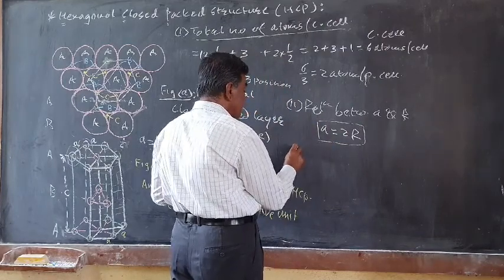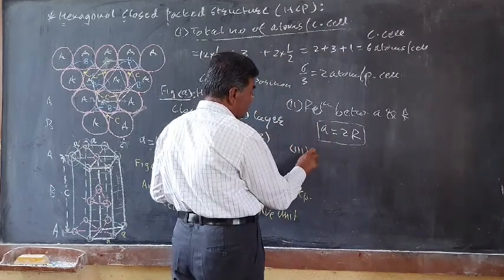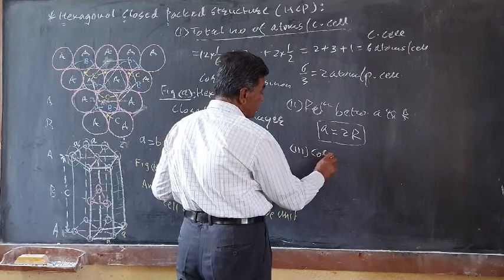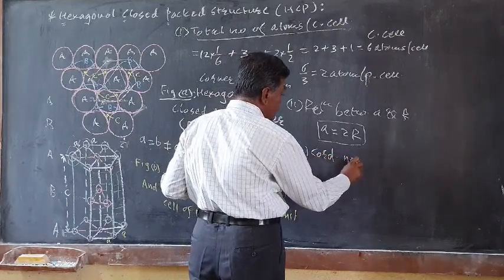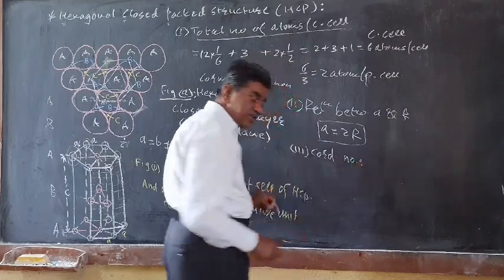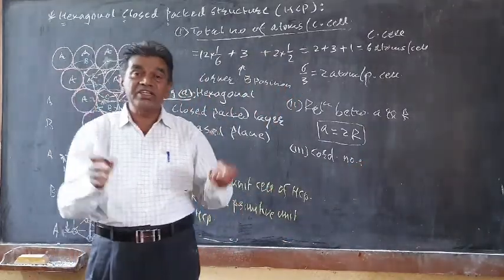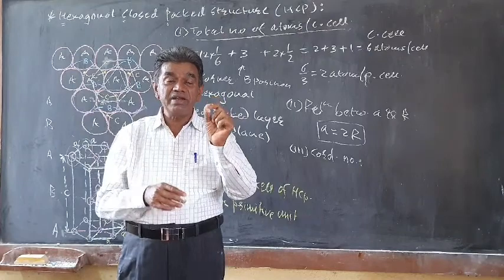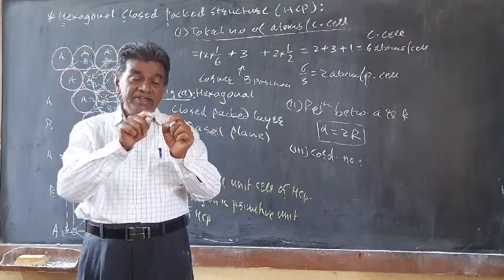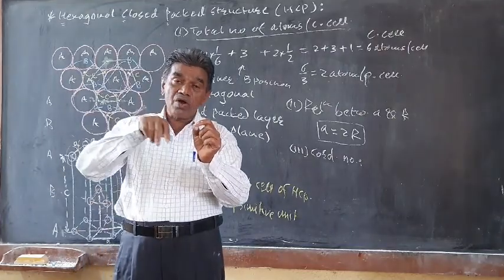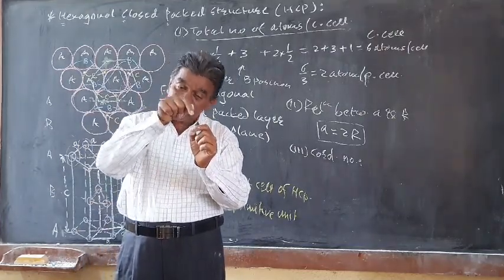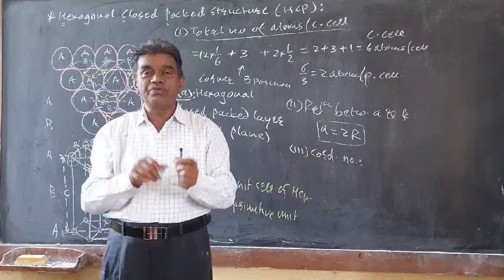The third factor is the coordination number. So what is the coordination number? In a given structure, we have to consider some reference atom, and the coordination number gives the total number of equidistant atoms with respect to the reference atom in the given structure.